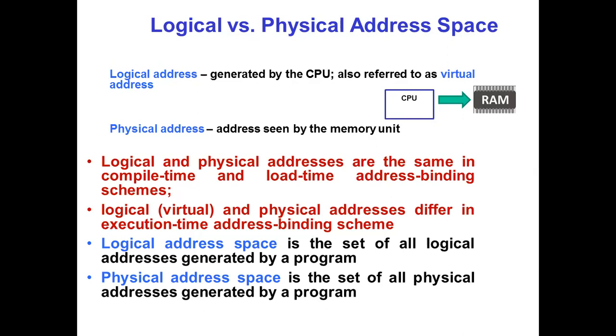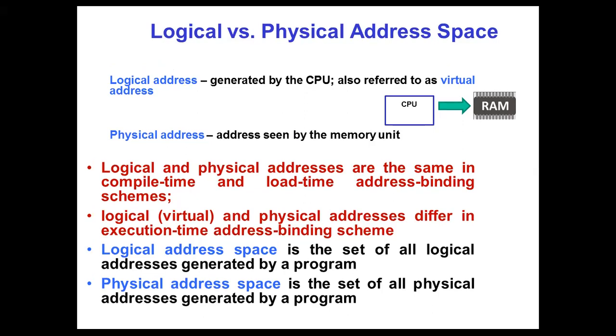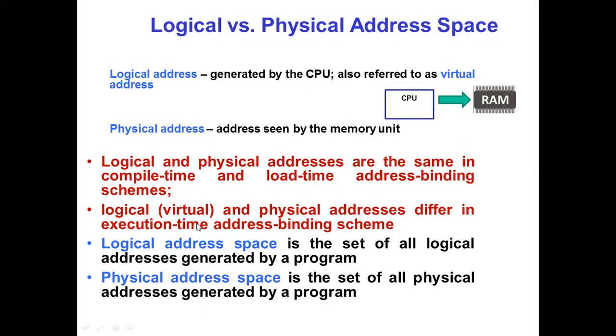So logical and physical addresses remain the same during compile time and load time, and after that they may change. Now what is the logical address? It is also called the virtual address, and the physical address differs in execution time. So both logical and physical addresses will differ in the execution time address binding scheme.